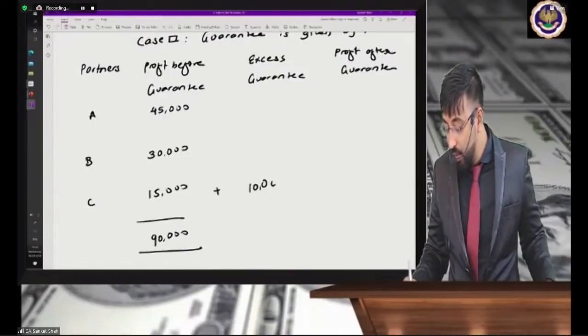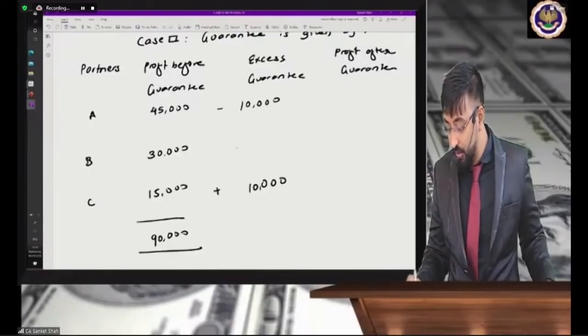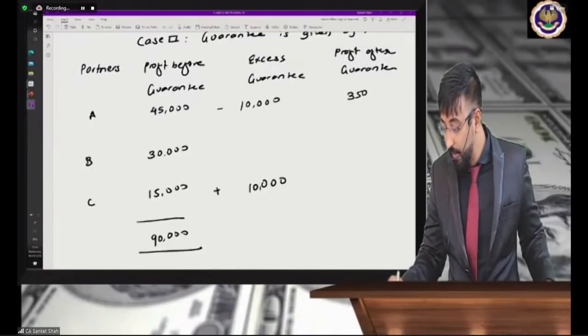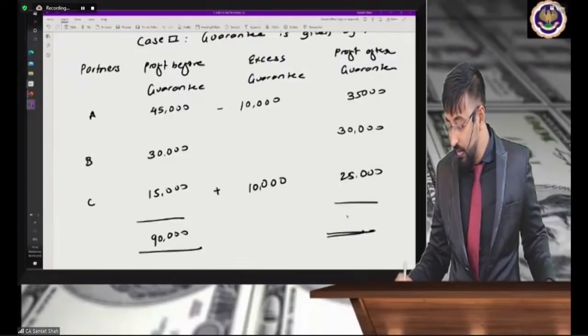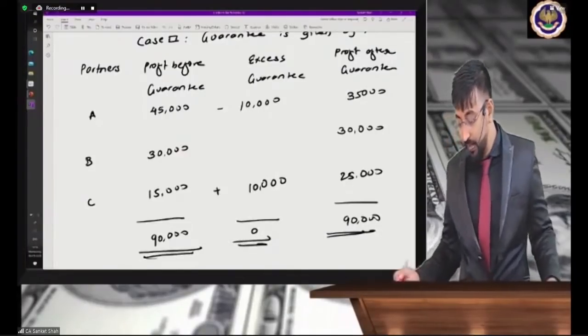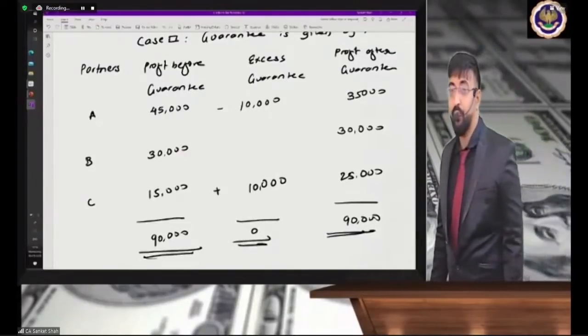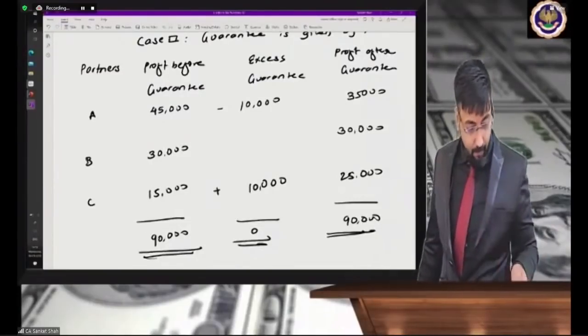C. And who is giving the guarantee? A. So minus 10,000. So here it is 35,000, here it is 30,000, and here it is 25,000. The total is 90,000. So simple, my friend.